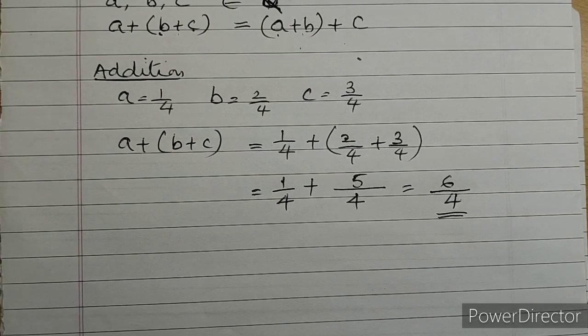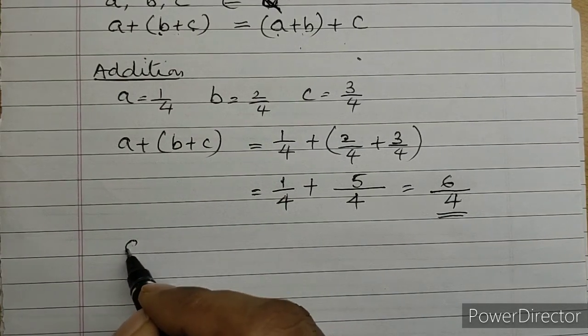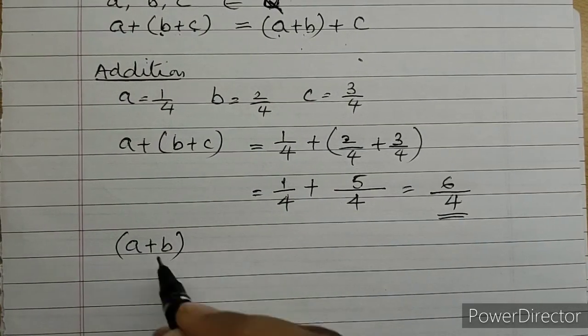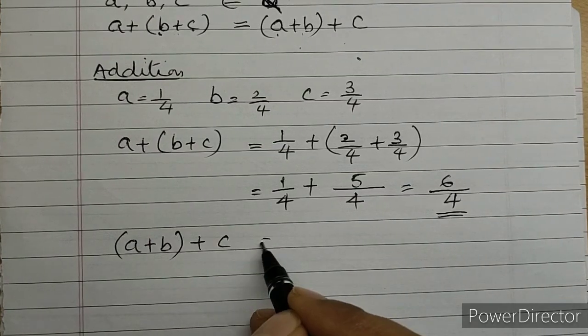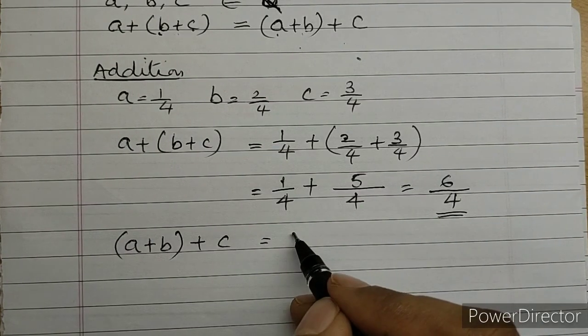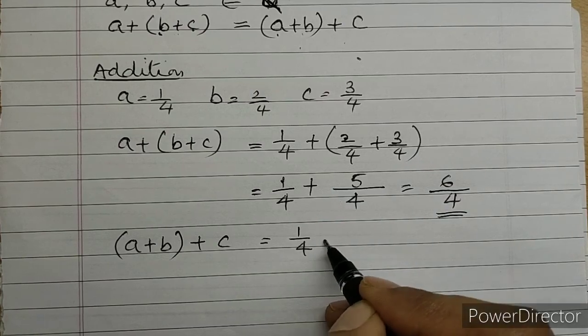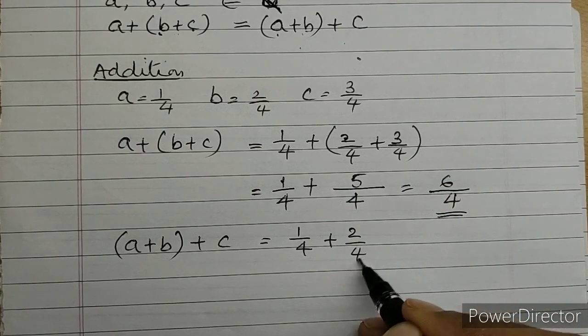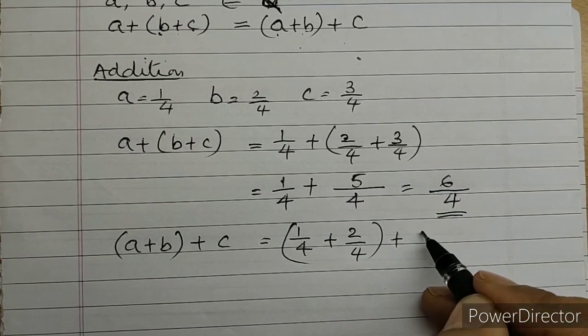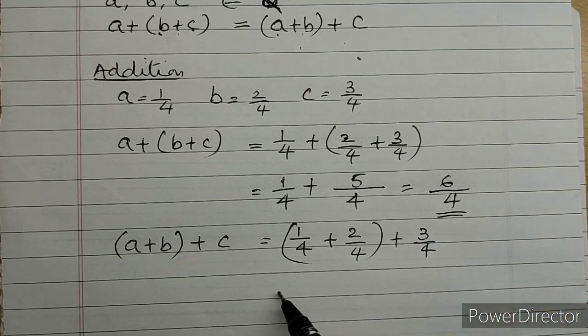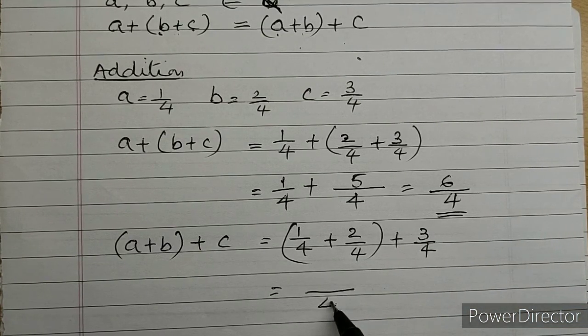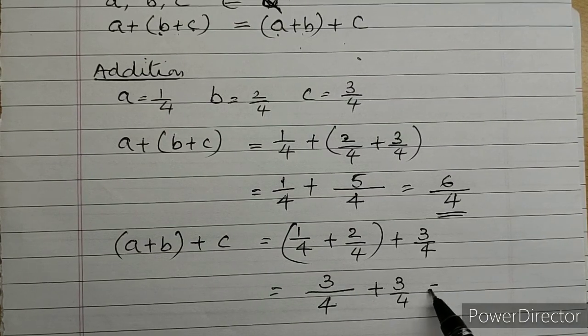Now we will take the right hand side. Bracket you have to change it. A plus b inside the bracket plus c, which is equal to a is 1 by 4 plus b is 2 by 4 inside the bracket plus c is 3 by 4. That is 4, 1 plus 2, 3 plus 3 by 4, which is again 6 by 4.